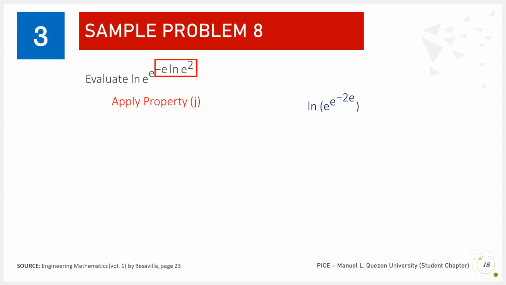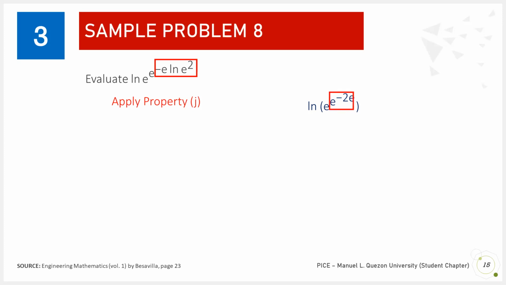Kasi, again, bringing down natin yung 2, so magkakaroon tayo ng negative 2e multiplied by the natural logarithm of e. So pag bringing down natin siya, may natural logarithm of e tayo, and ang value ng natural logarithm of e is 1. So ang matitira na lang sa part ng exponent natin, o yung naka-box na red, is only negative 2e.